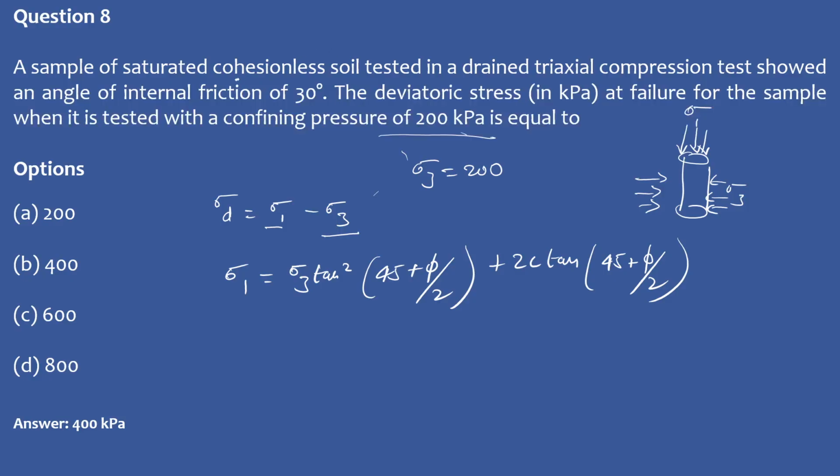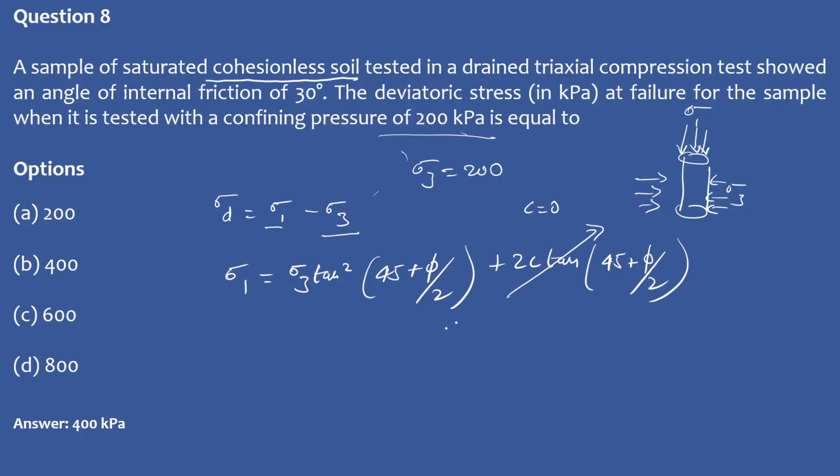Again it has been given that your soil is cohesionless, so your c becomes 0 and this term becomes 0.